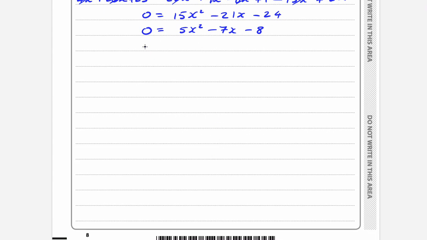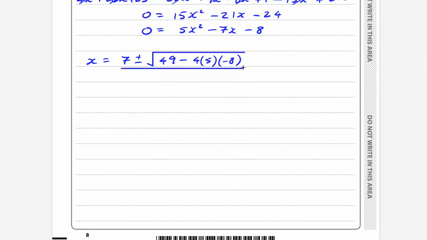So let's use the quadratic formula. I have x equals minus b plus or minus the square root of b squared, 49, minus 4ac, 4 times 5 times negative 8, all over 2a, which is 10.